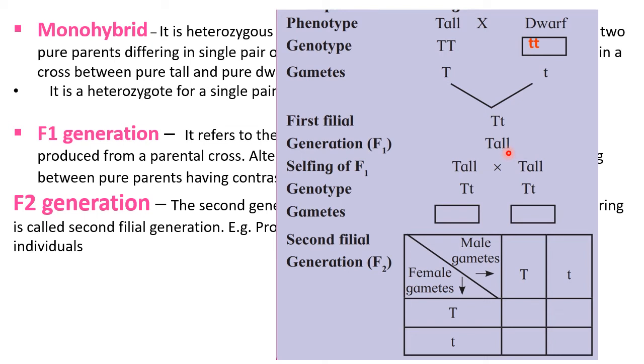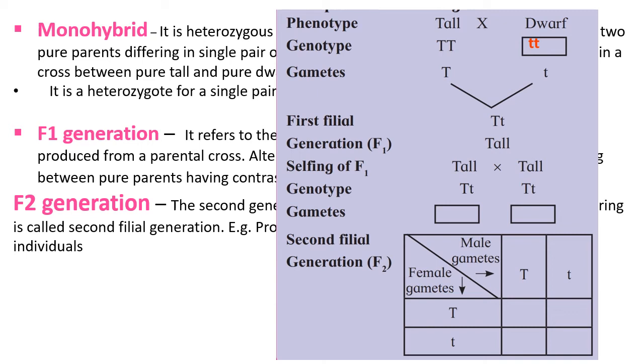Then the F1 hybrids are allowed to self-pollinate, also called selfing. As they are hybrid, the genotype is capital T small t, and the second parent shows the genotype capital T small t. So these plants are selfed artificially, and they produce an equal number of gametes.